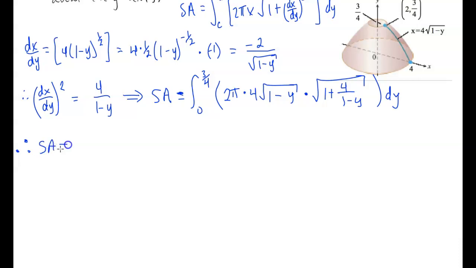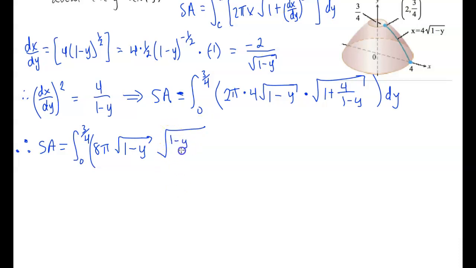So from here we'll do surface area from 0 to 3/4 again, and we know that it's 2 pi and 4, that will just end up being 8 pi. We also know we're going to keep this square root of 1 minus y, but for this second square root, notice that I can rewrite this 1 as 1 minus y over 1 minus y.